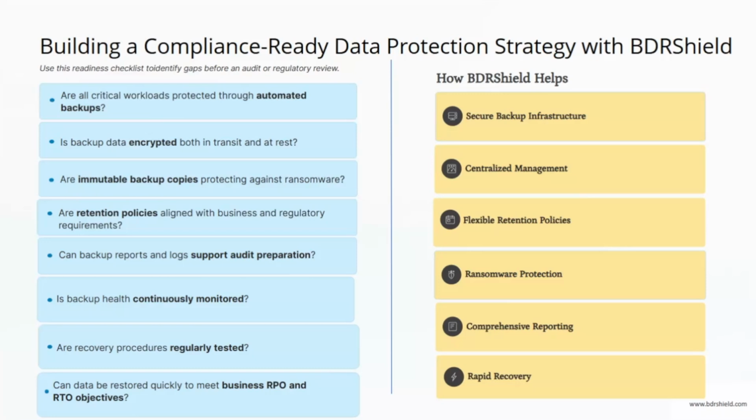You need to ensure that the solution enables immutable data or air-gapped copies, or you can also call them immutable backup copies, to cut down on ransomware attacks. That's something important.